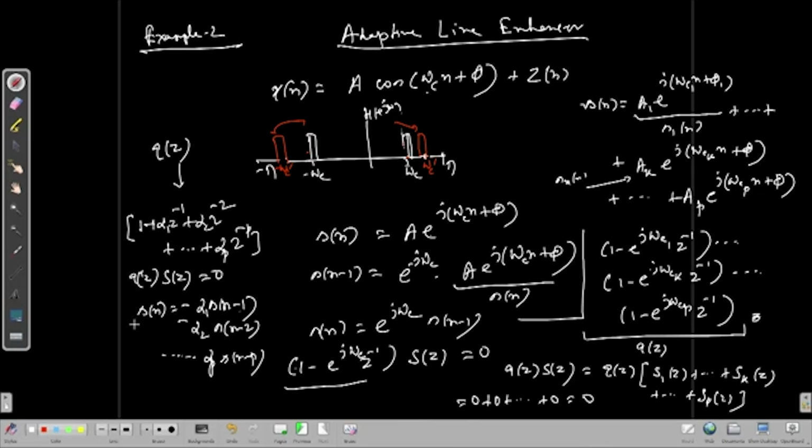That means, in this case, the current sample can be given exactly as a linear combination of past p samples. That is why it is purely predictable.